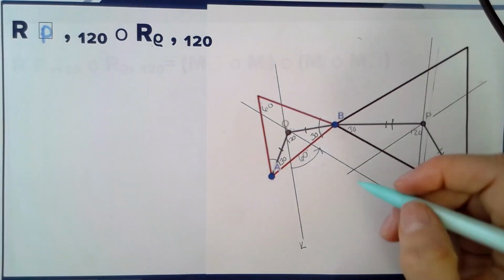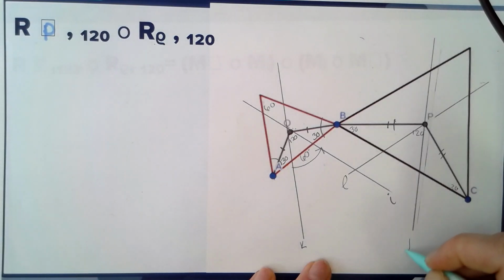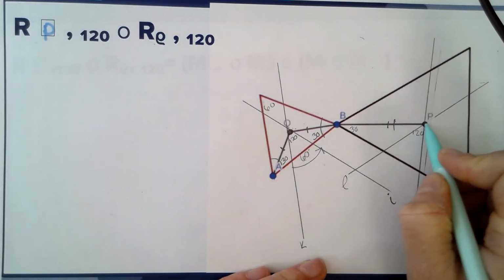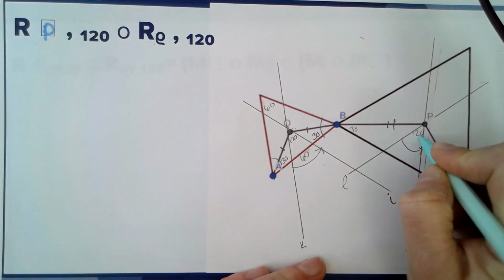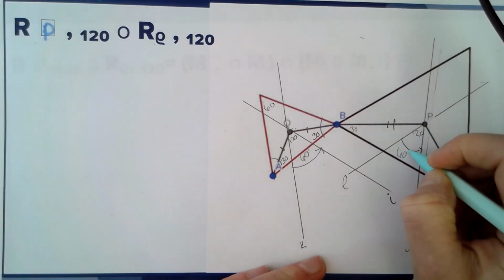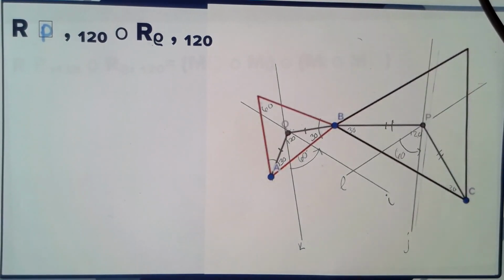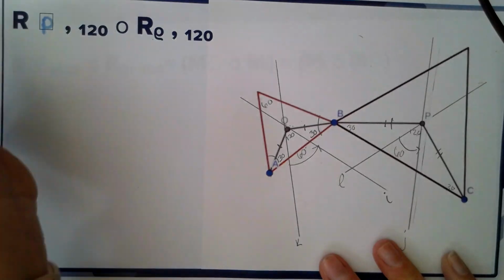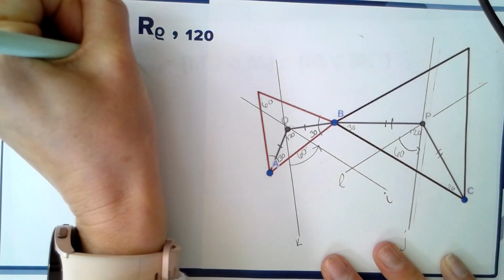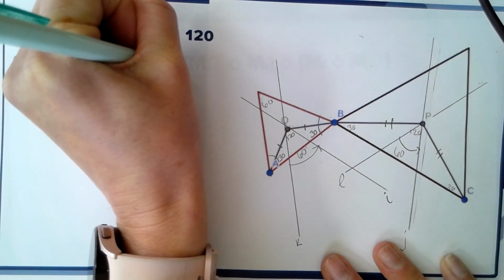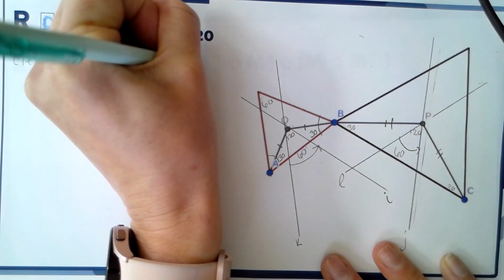So we'll call this line L and this line J. It goes through our point P, and it has the directed angle of half the angle of rotation, which is again 60 degrees. So we're starting to see our equilateral triangle come to light here a little bit. Since we're trying to write it as a single rotation, a clever choice would be to make line I equal to line L.